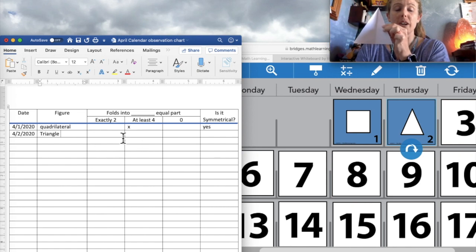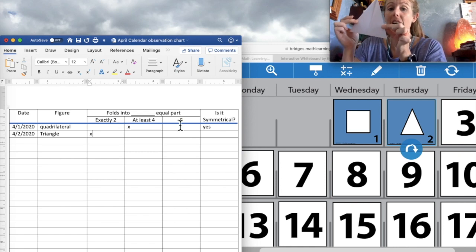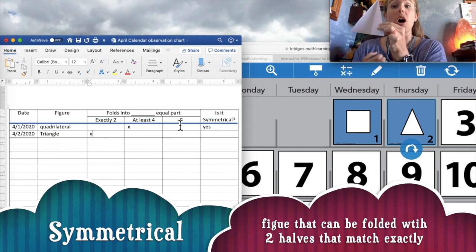So here over in our observation chart, we can put an X there for exactly 2 equal parts when we fold that. Now, is our shape symmetrical? Meaning, is there a line where both sides match? They're congruent.